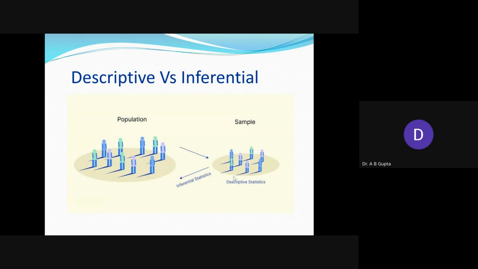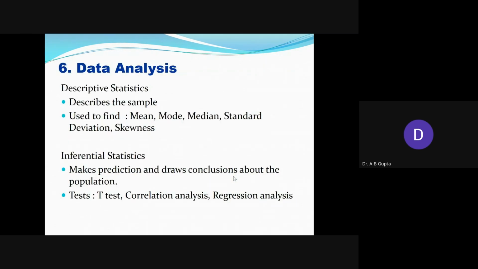Whereas, my friends, in inferential statistic, you are making the prediction or drawing the conclusion about the population. In descriptive statistic, you are describing the sample, whereas in inferential statistic, you are making the prediction, drawing conclusion about the population.